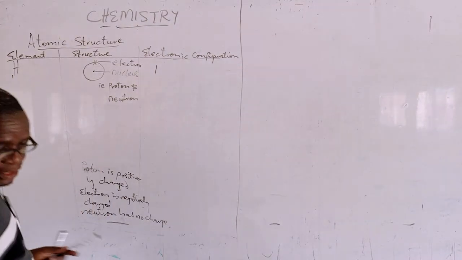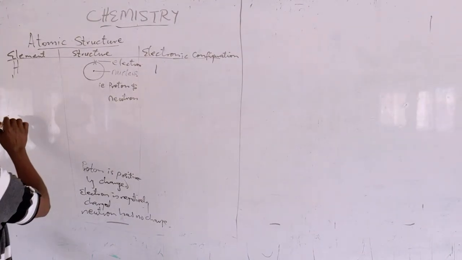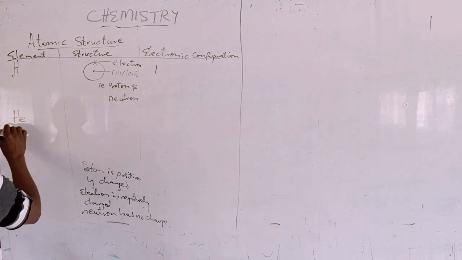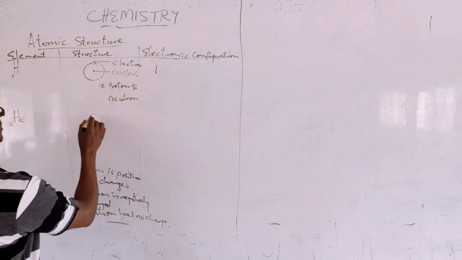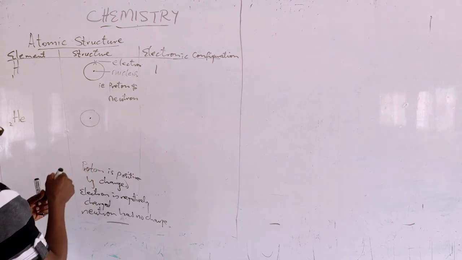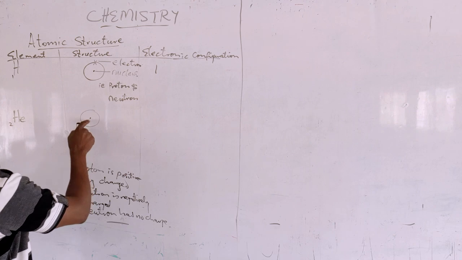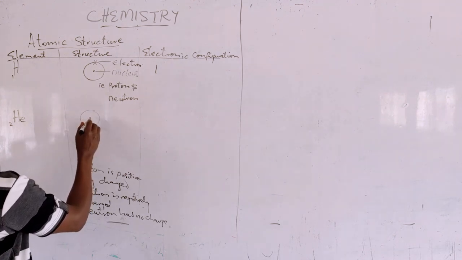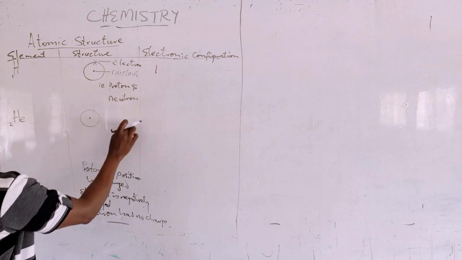Let's go to the next element, which is helium, He, atomic number 2. It has a structure of this. Remember, anytime I draw it and I put this center dot, I'm talking about proton and neutron.